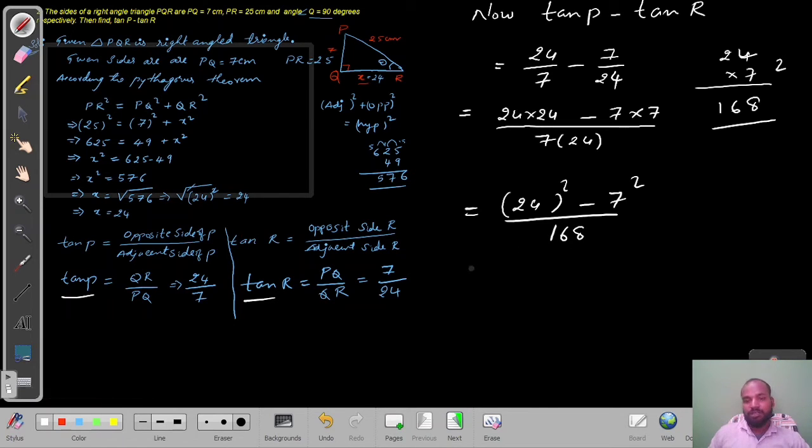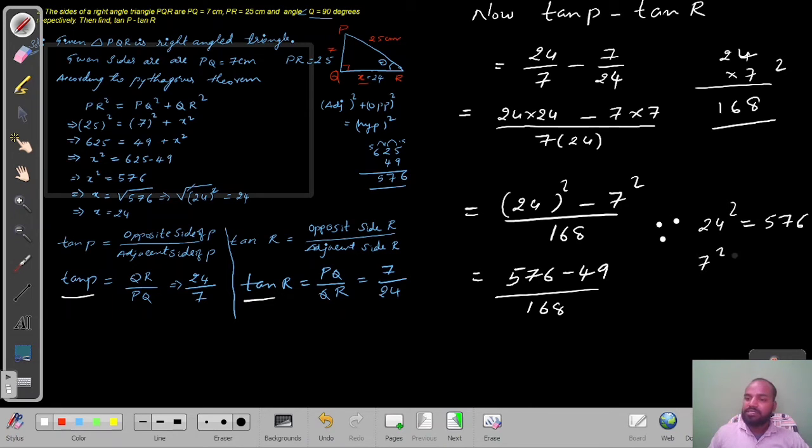Now what is 24 square? We already discussed it, right? 24 square is 576, and 7 square is 49. So 576 minus 49 by 168. Am I clear?